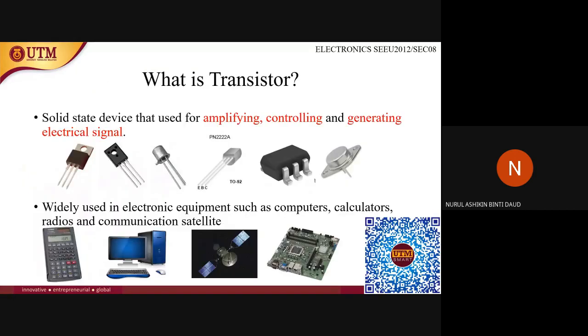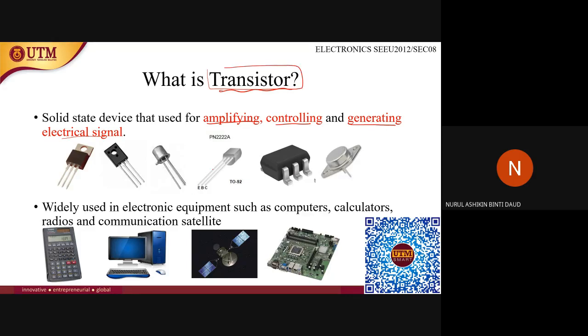So with that, for your revision, today we're going to go into the transistor. What is a transistor actually? A transistor is a solid state device used for amplifying, controlling, and generating electrical signals. That is the function of the transistor. There are lots of transistors out there.